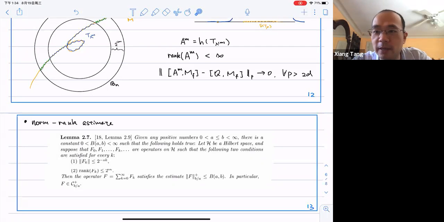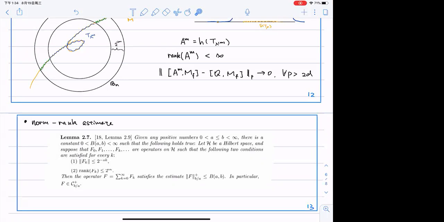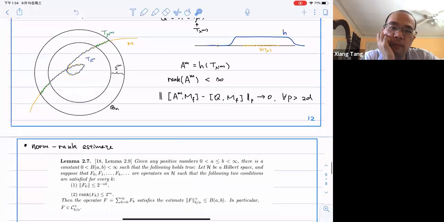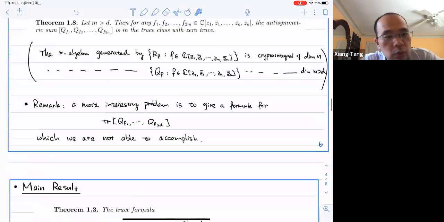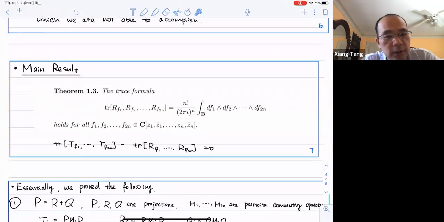Do we have any questions or comments? I have a question about your result. Using your result, what's the difficulty in understanding the Q operator?